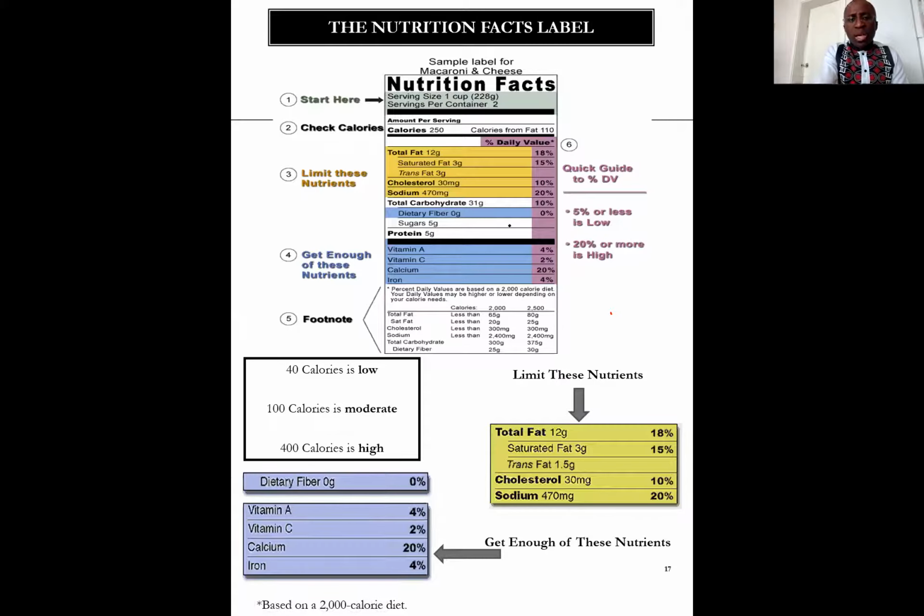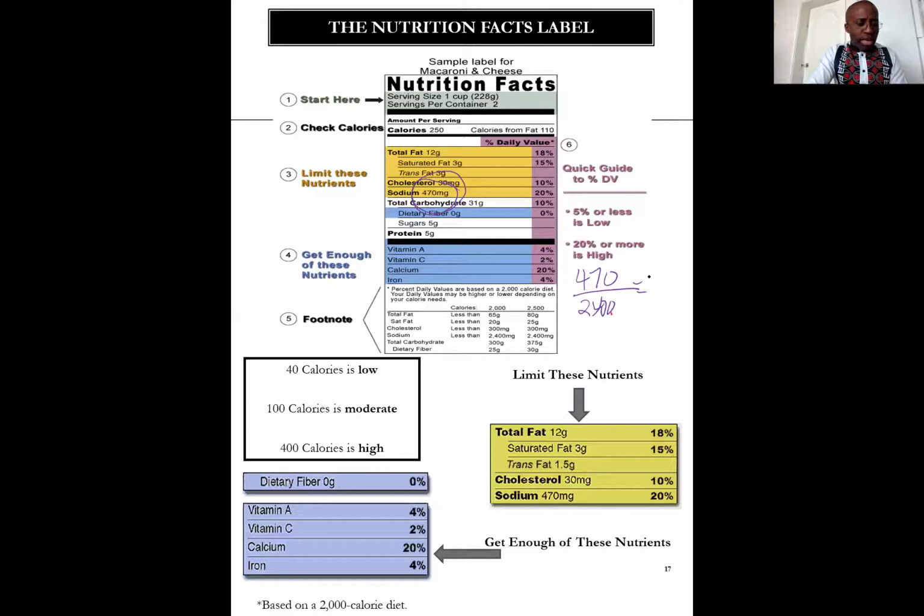So the daily value here, for example, we talk about sodium. Sodium is 470 milligrams. So you do 470 milligrams divided by 2,400. All right. And then you get your daily value for sodium. So I do 470 divided by 2,400. All right. Okay.